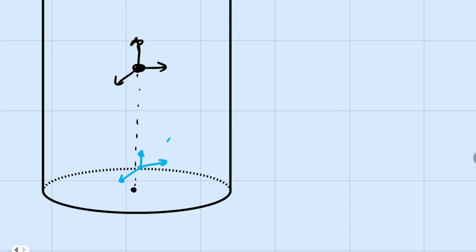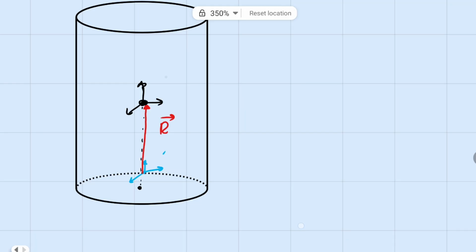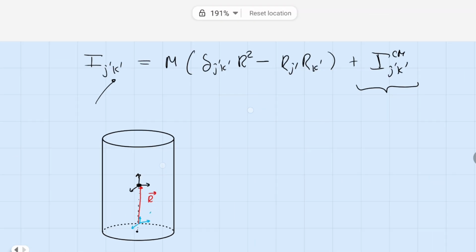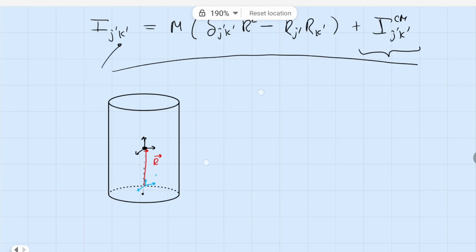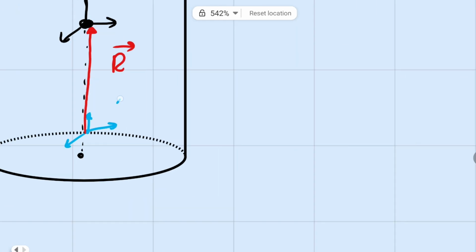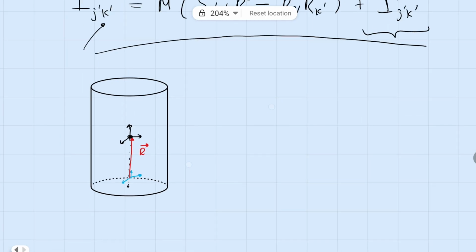From this coordinate system we can find a vector r that points from the new coordinate system to the old one. This is r. So if we know the inertia tensor of this and we know the vector r, following this formula we can find the inertia tensor associated to this new coordinate system. That is what the parallel axis theorem says.